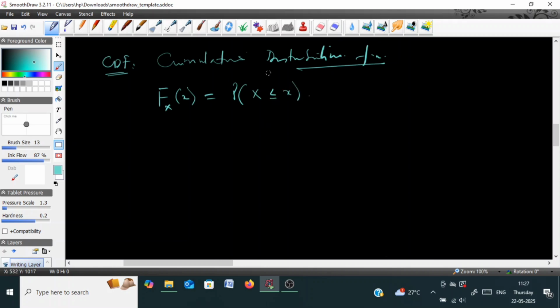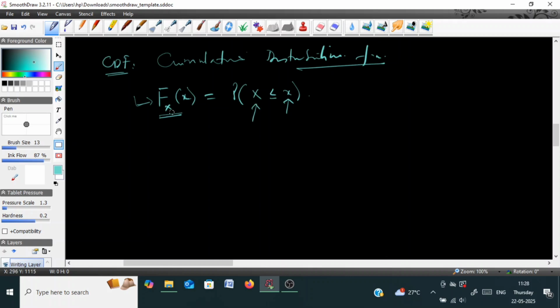Remember, this italic x denotes the values which the random variable can take. This is how we define the CDF of a random variable. So given a random variable X, the CDF F_X(x) is basically the probability of the random variable having a value equal to or less than x.